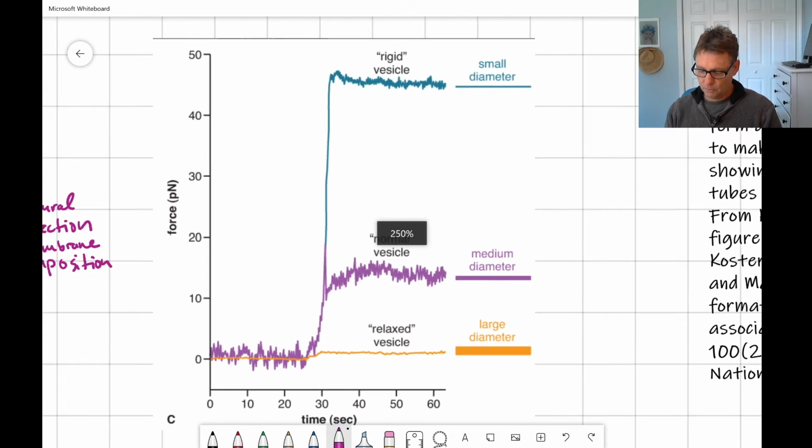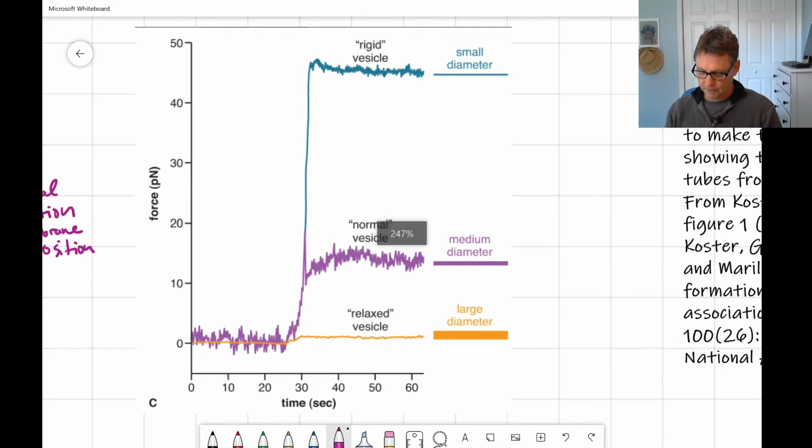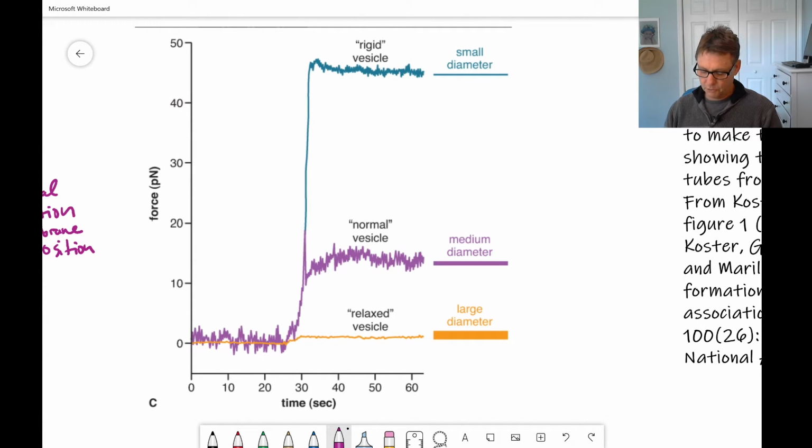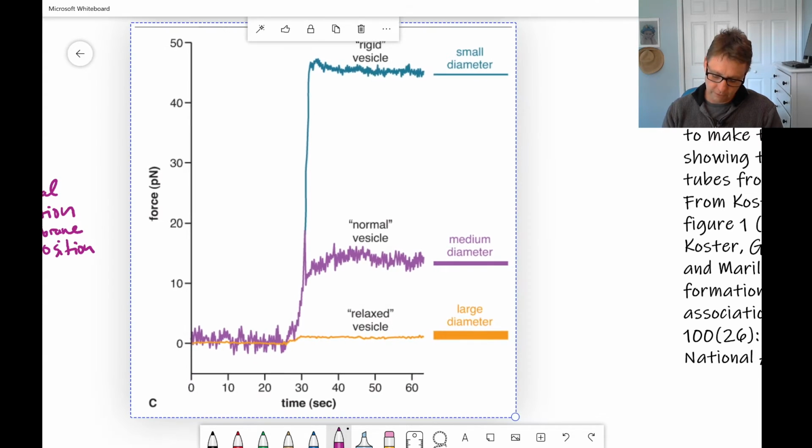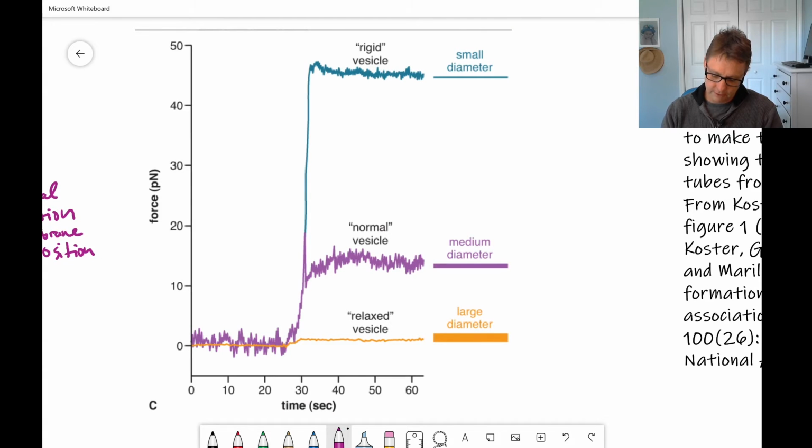And so what they did was they took 3 different vesicles and they were able to pull them out to different diameter tubes. These are membrane tubes. And what they found is that it takes more force. So over here we have force.